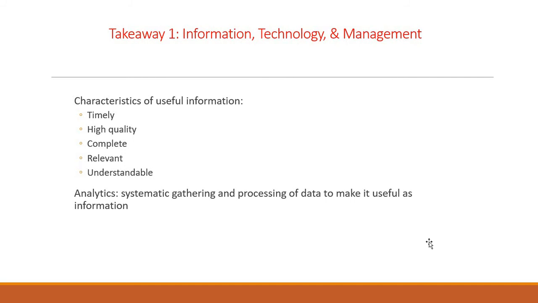Pag sinabi nating relevant, may connection sa kung anong pinag-uusapan or sinosolve ninyo at the time. Fifth is understandable. The information should be clearly and easily understood by the user. It is free from unnecessary details. Hindi yung ang dami-daming sinabi, hindi na maintindihan, napaka-vague na. So it should be clearly and easily understood.